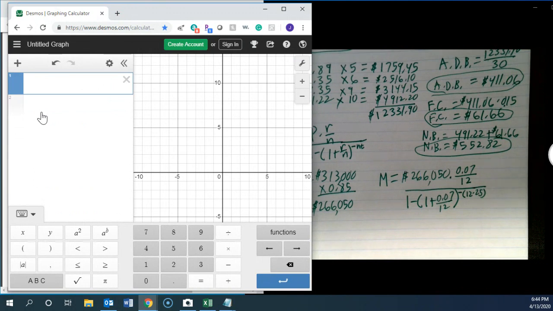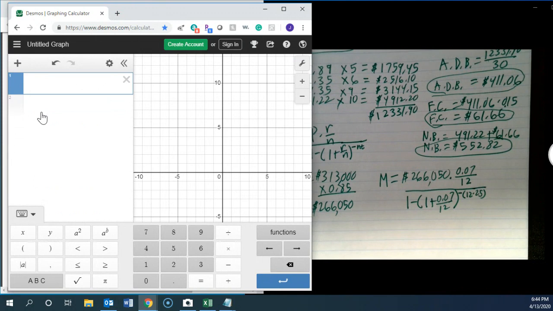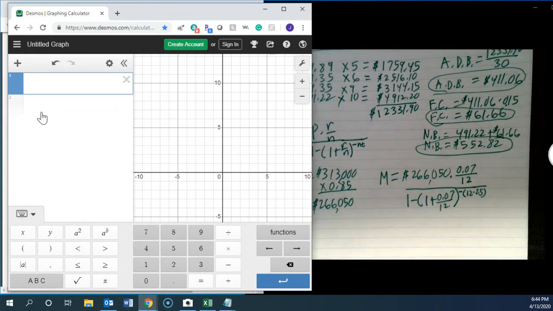I'm trying to think. Okay. Just give me a second. Let me type this in this Desmos, and then I will see if I can pull up the TI-84 calculator, because I don't have it on this computer, so it's going to be a little challenging setting it up, but it'll be okay.